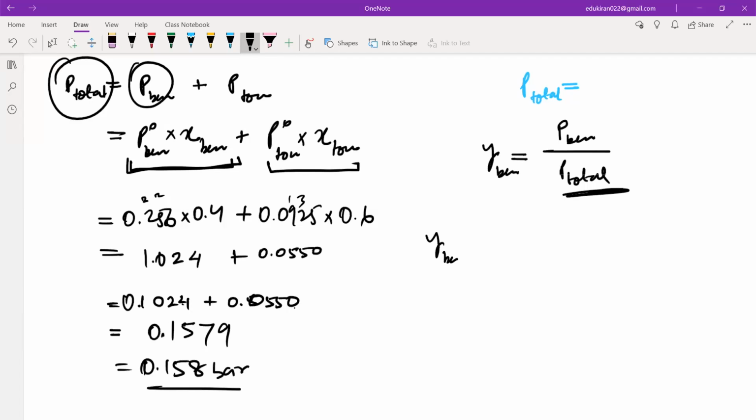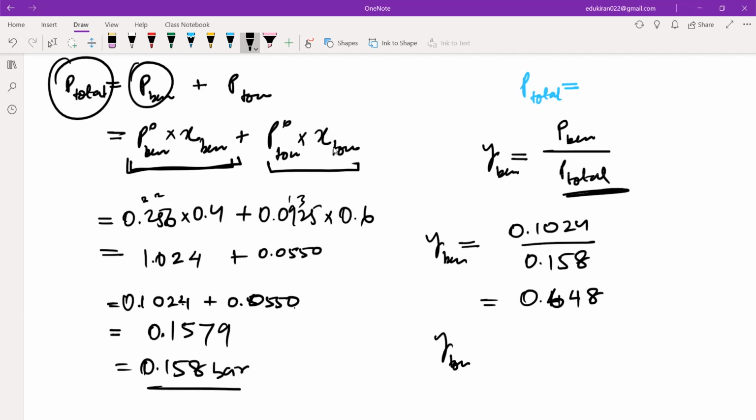अब y of benzene will be equal to 0.1024, टोटल कितना है 0.158, now it is fine, I think 0.648 आ रहा है ना, और y of toluene कितना आ जाएगा? y of toluene will be 1 minus 0.648.